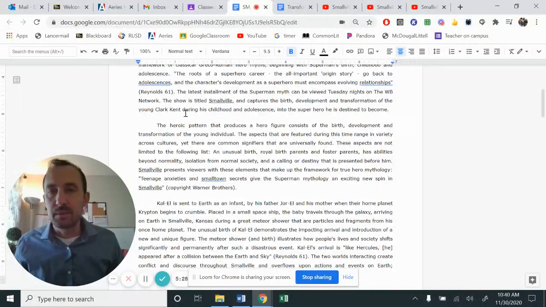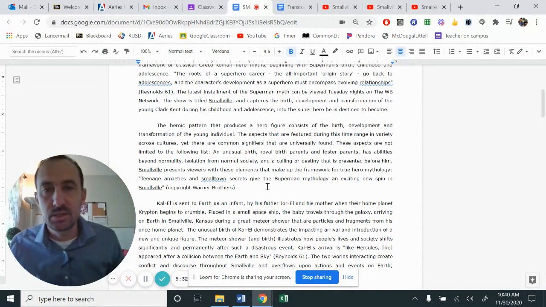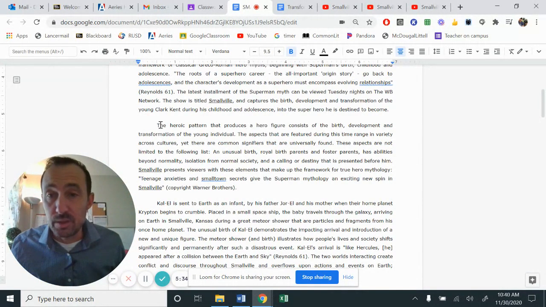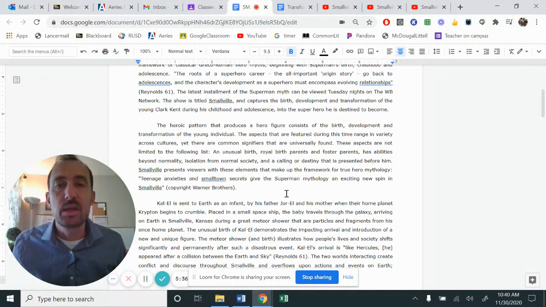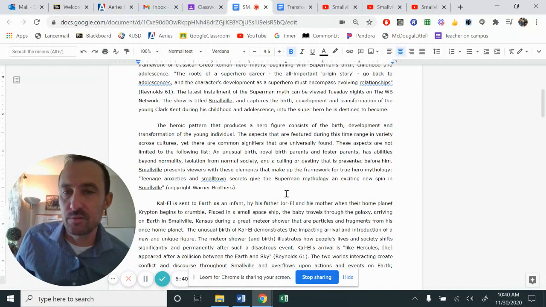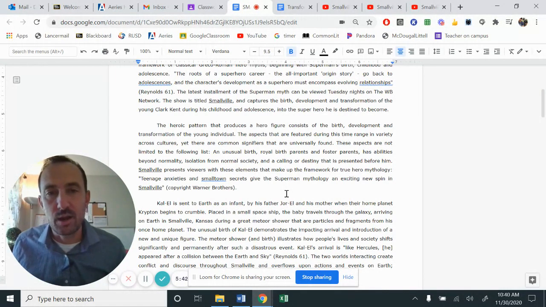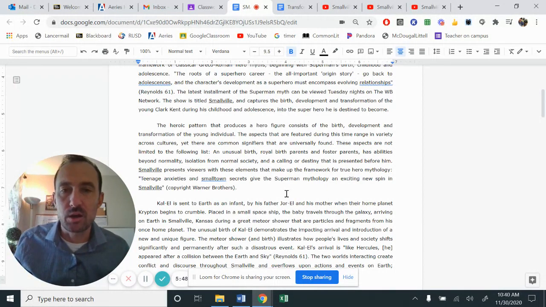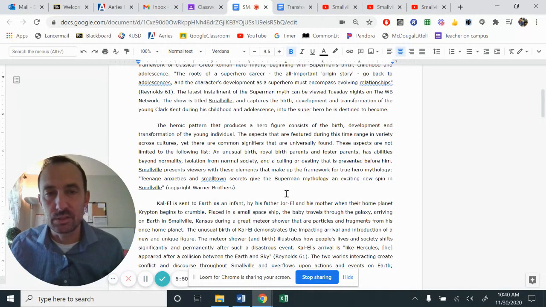So let's look at this paragraph right here. It says the heroic pattern that produces a hero figure consists of birth, development, and transformation of the young individual. The aspects that are featured during this time range in variety across cultures, yet there are common signifiers that are universally found.